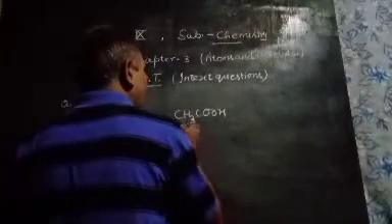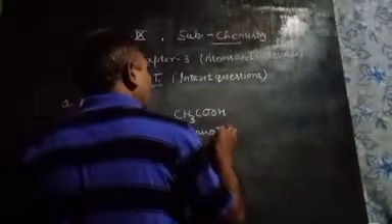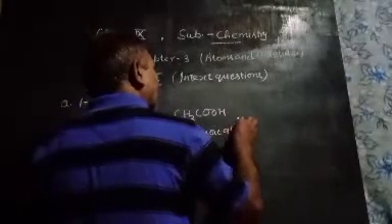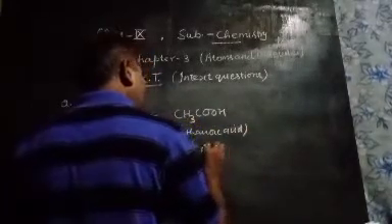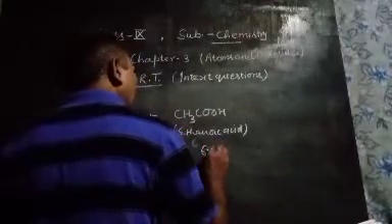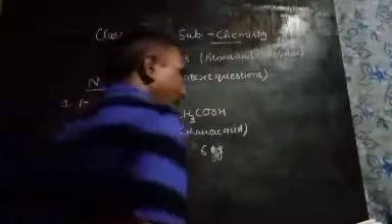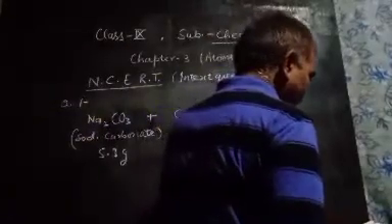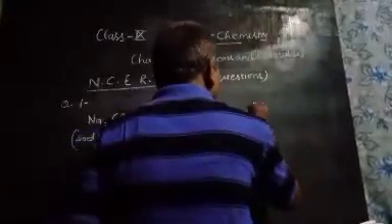The name of this compound is ethanoic acid. It is taken as 6.0 gram. So we have 5.3 gram of sodium carbonate and 6 gram of ethanoic acid. What products will be obtained?